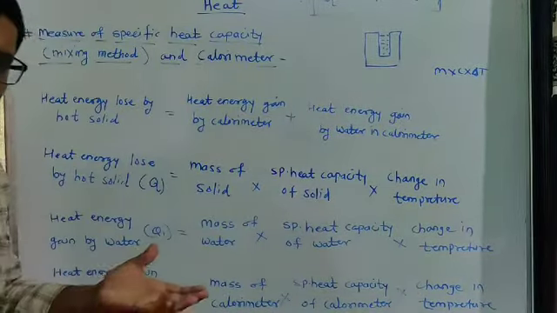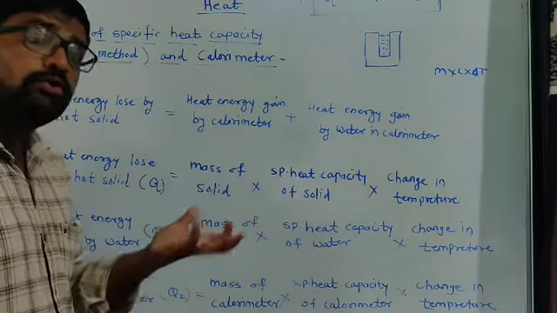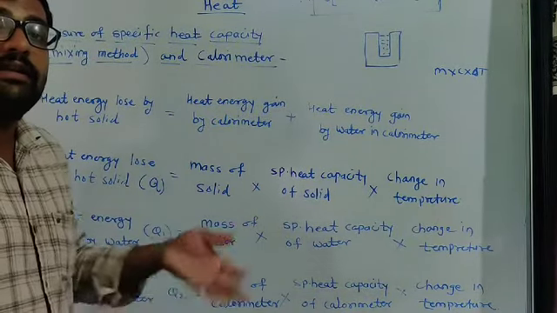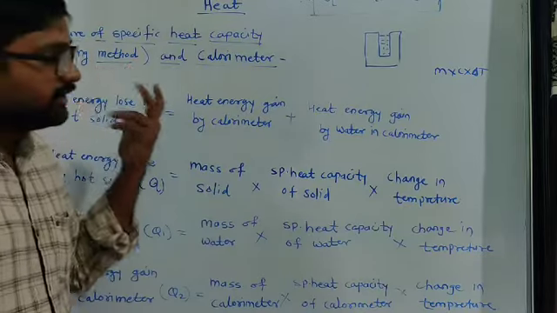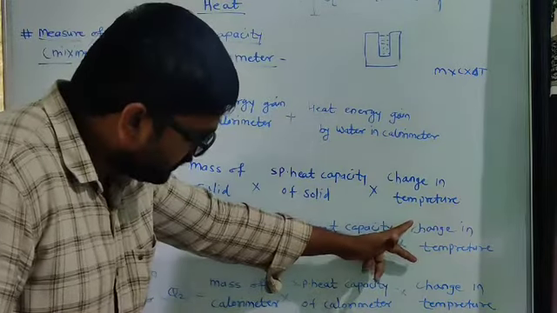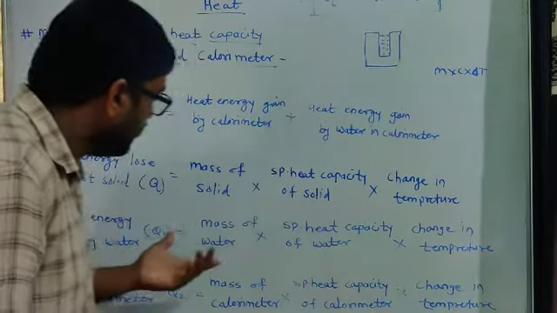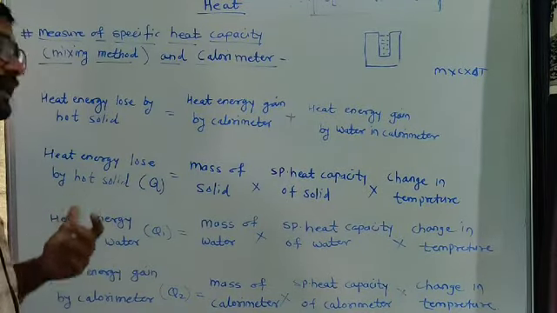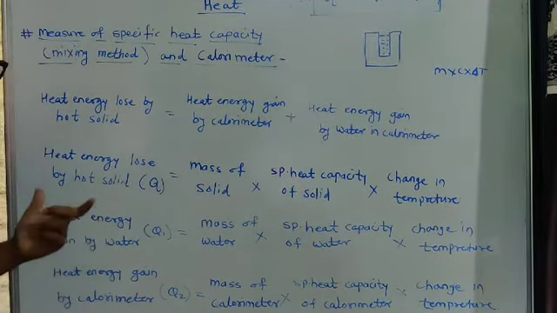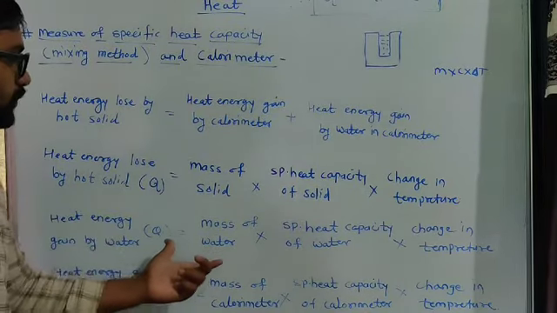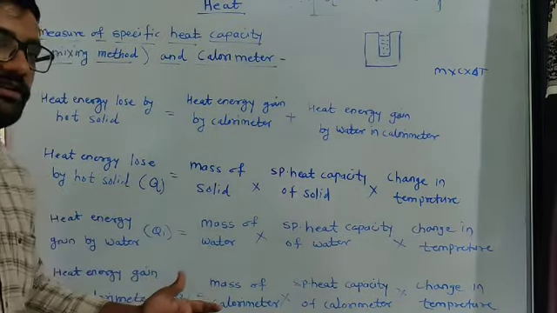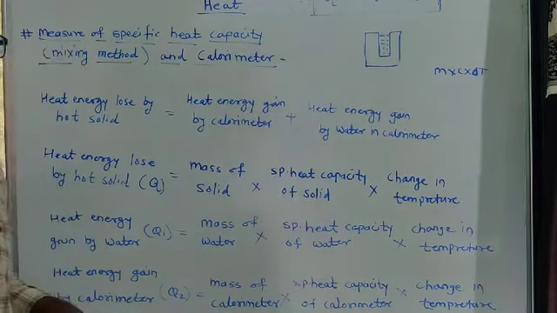Initially the water is cold, and due to the absorbed heat energy its temperature will increase, so we take that change in temperature here. So by using the same formula, Q1 equals mass of water into specific heat capacity of water into change in temperature.